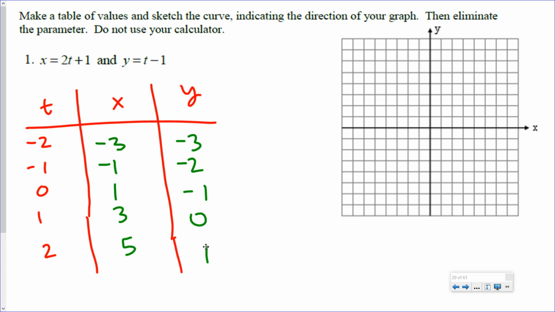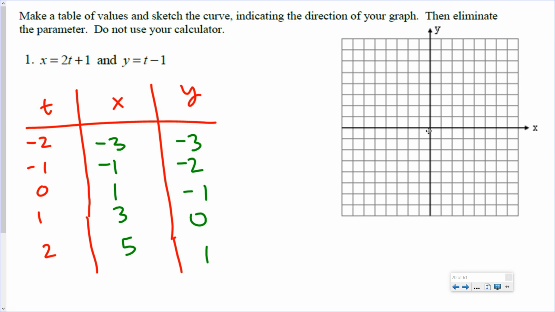And what does this mean? I'm just going to pretend like t is time. This is saying when time is -2, like 2 days ago, I was at position -3, -3. And when time was at -1, 1 day ago, I was sitting at position -1, -2. Does that make sense? That's a logical way to say it. So if I plot this, now we have a direction with this picture.